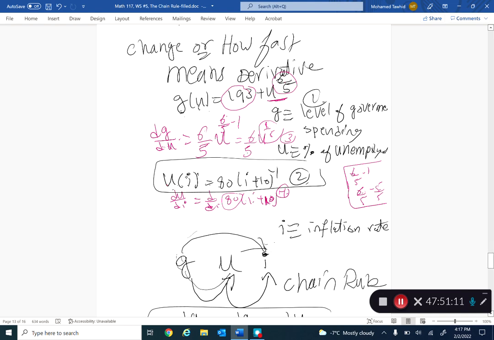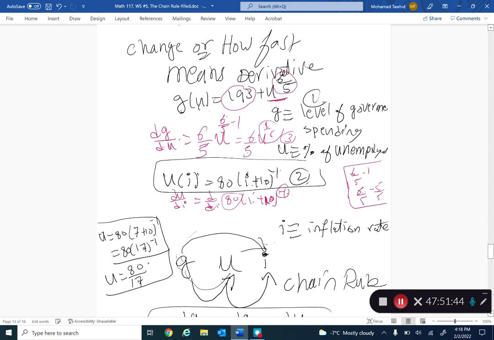So if I do that here, just replace, u will be 80 multiplied by I, which is 7 plus 10, to the power negative 1. If I replace I by 7, you get 17 to the power negative 1. 17 to the power negative 1 is 1 over 17. So your u is 80 over 17.